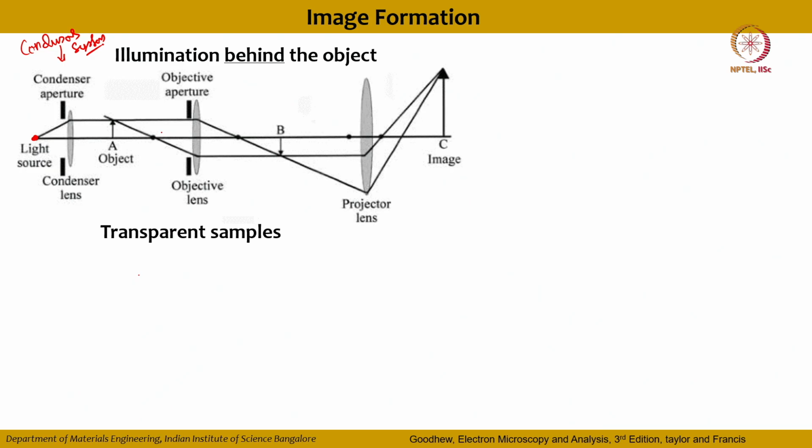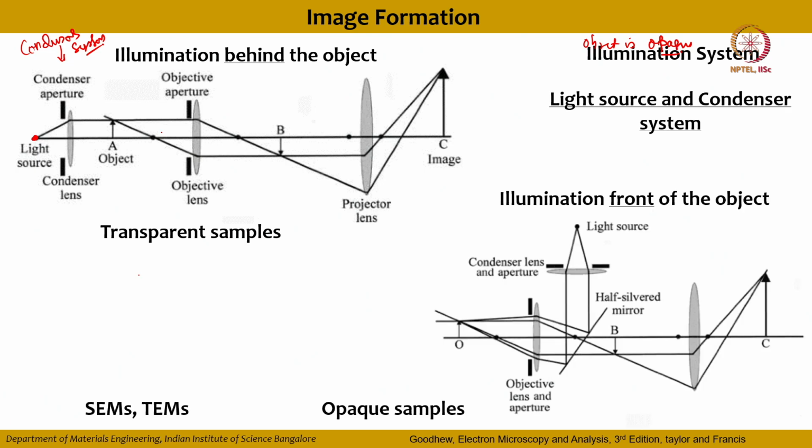Okay, and that light source, if your object is transparent, then illumination is behind the object. If the object is opaque, illumination is from the front side. So there are two arrangements here. One is, if your illumination is behind the object, in this position, this is an object.